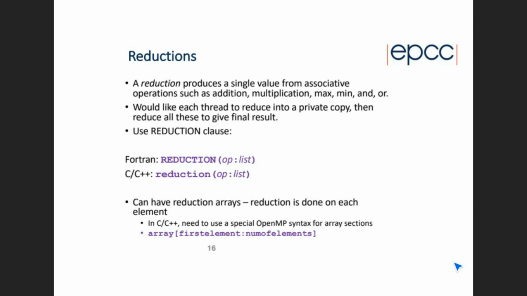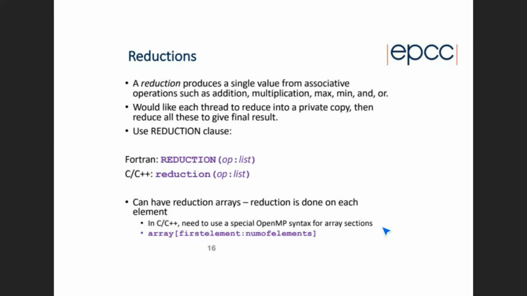What we would like is each thread to accumulate into a private copy and then reduce all those at the end to give the final result. The syntax looks kind of similar, but we need to specify the operator as well as the variables: reduction, open brackets, the operator, then colon, and then the list of variables.